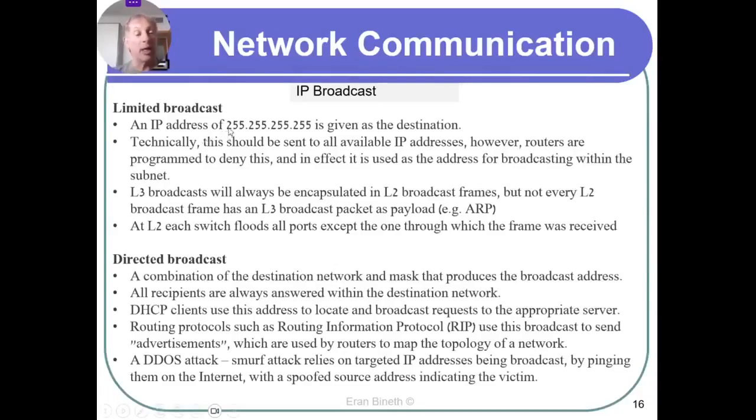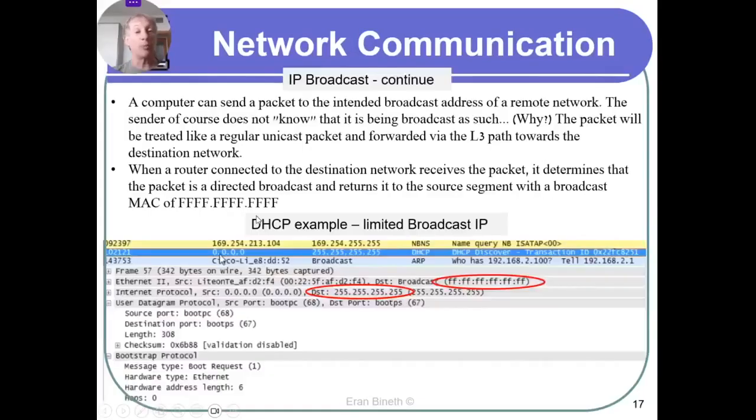But what about sending a message to that address, specifically saying send it to all the components of the world? Of course, this is not legal, and it would be dropped by all routers receiving that, with one exception, a DHCP message that we'll see in a minute. The directed broadcast, which addresses that network broadcast address we saw before, is legitimate, sending it to all its computers.